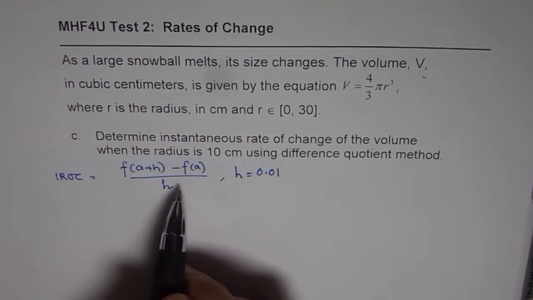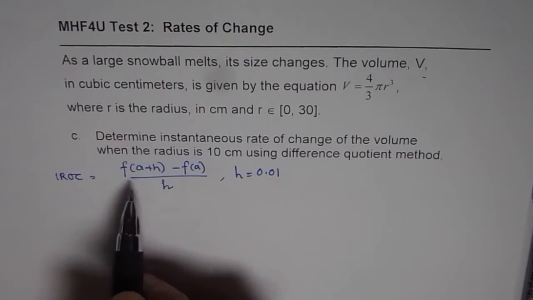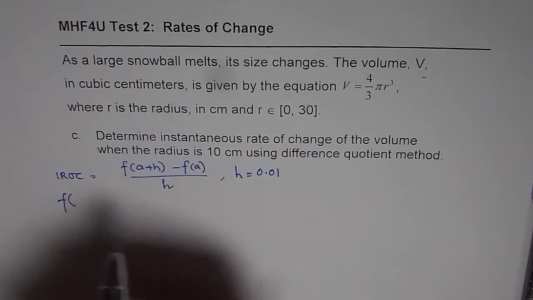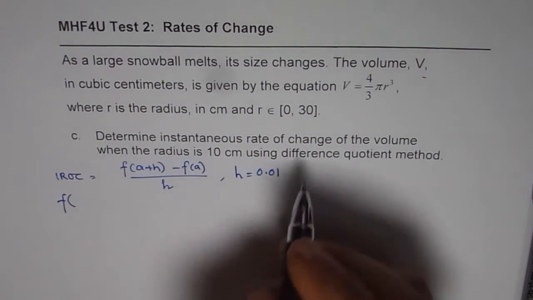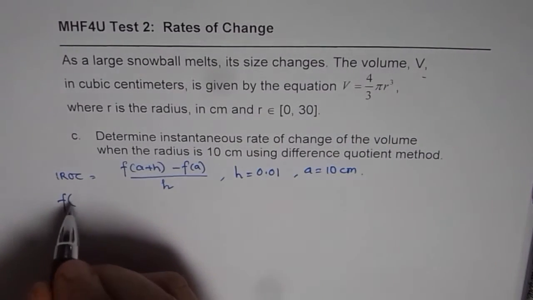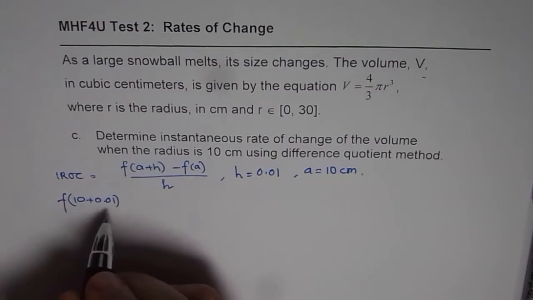Now here we can follow a combination with the preceding and following method also. That is to say, calculate the value of the function at our point of interest a. In our case a equals 10 centimeters, correct? So we can say 10 plus 0.01, find this value.